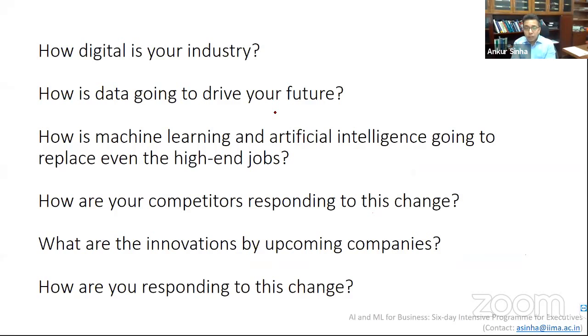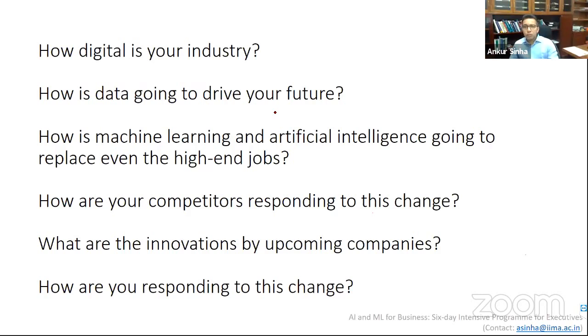The other question that arises is, how are your competitors responding to this change? Are you aware of the innovations that are going around you? There are a lot of startups, small companies coming up. You have to keep your eyes open if you really want to stay in business. You have to keep an eye on what these guys are doing. And whatever these guys are doing, is it relevant for your organization?